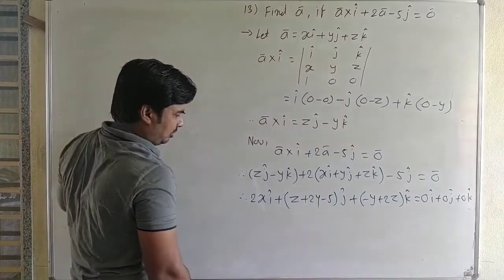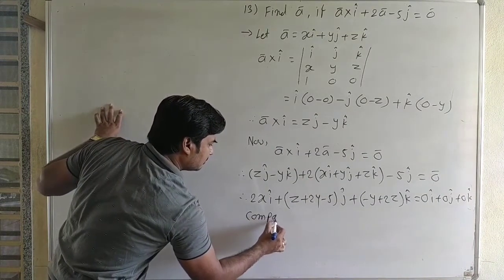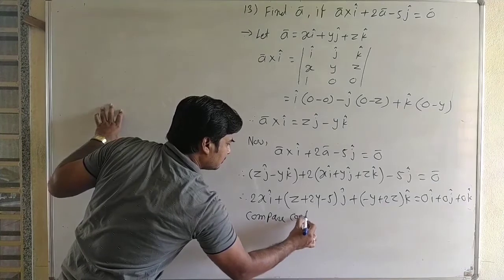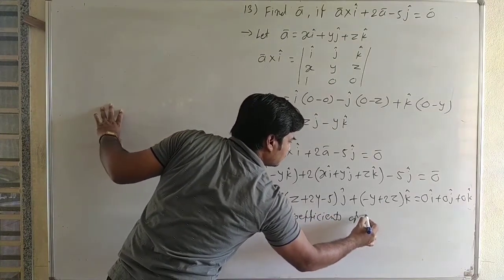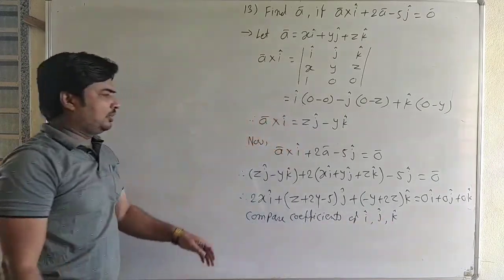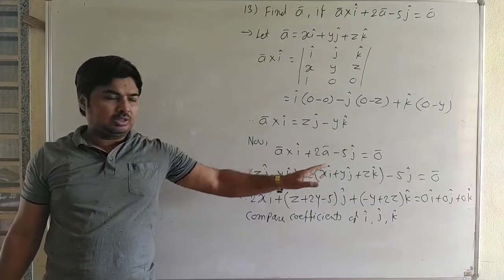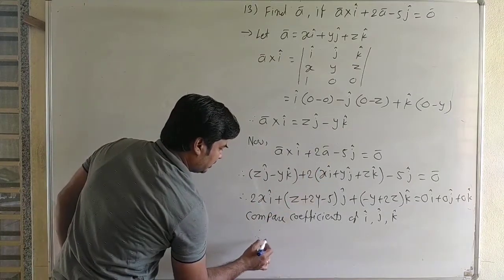Now compare the coefficients of i, j and k, that is, compare the components of both the vectors, because two vectors are equal vectors.